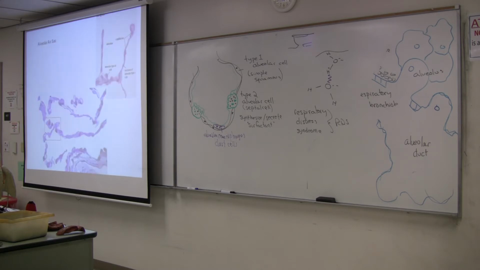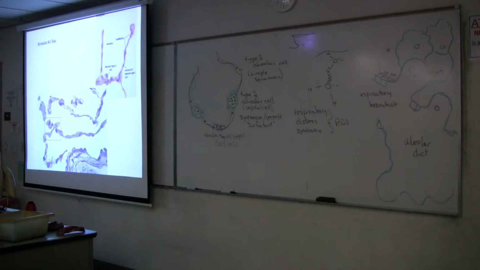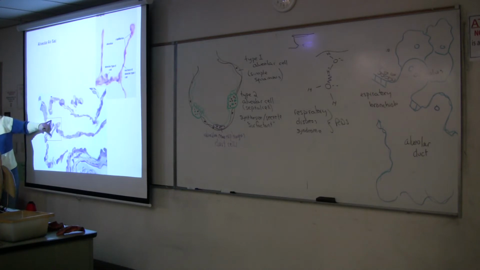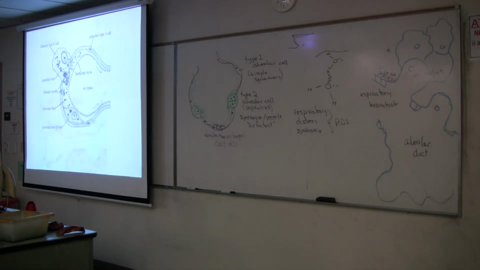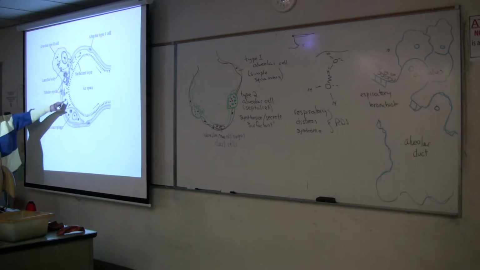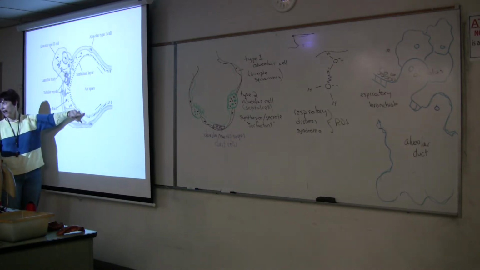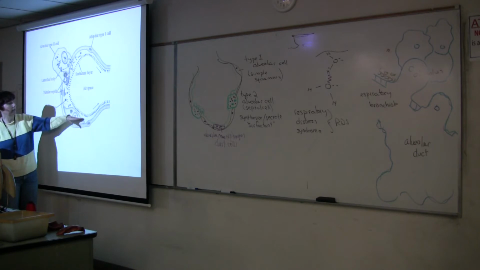So here's a couple of images. The macrophages are on the surface, or here if you see little white circles, those are the lipid droplets of the type 2 cells. Here's a diagram showing the macrophage. This would be the lipid, lots of the fatty acids and material under that film.